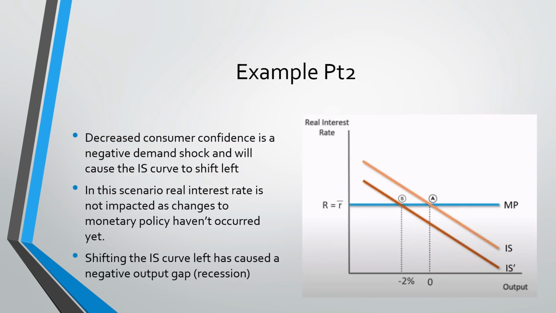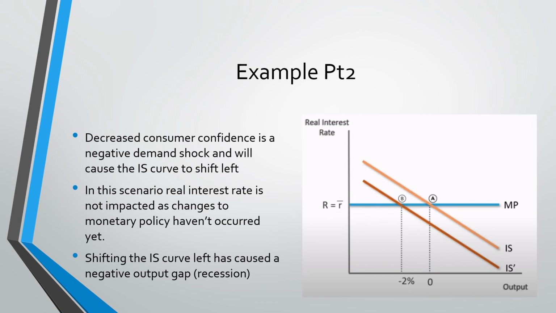As you can see, our little graph here is just a helpful resource. We can visualize it a little bit easier. First off, a decrease in consumer confidence is a negative demand shock. And as I said earlier, any demand shock will shift the IS curve, in this case in a negative way. So it's going to shift the IS curve to the left.